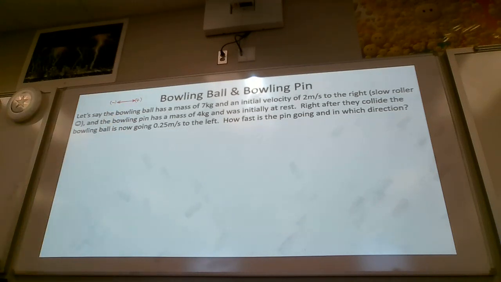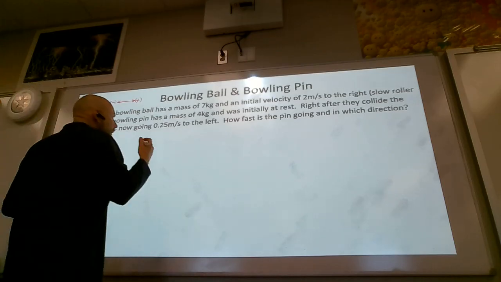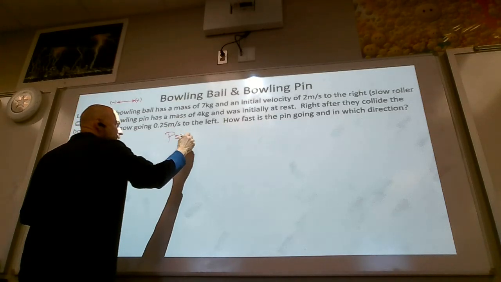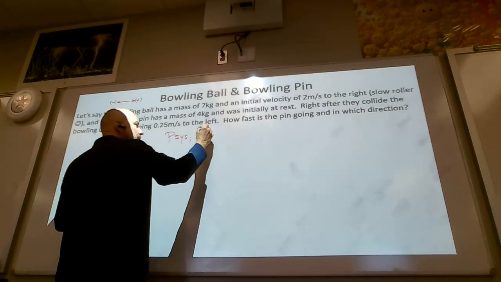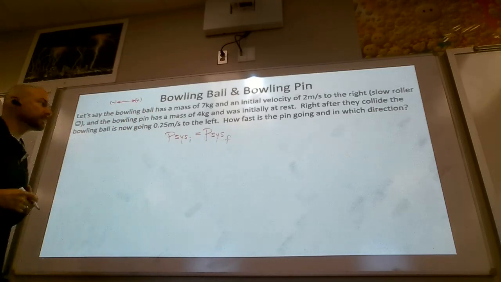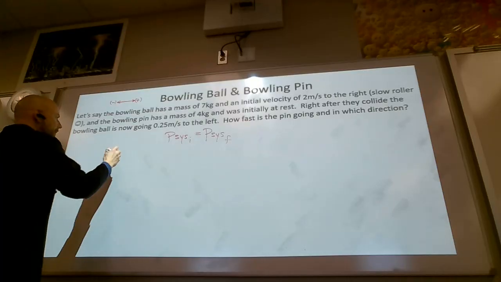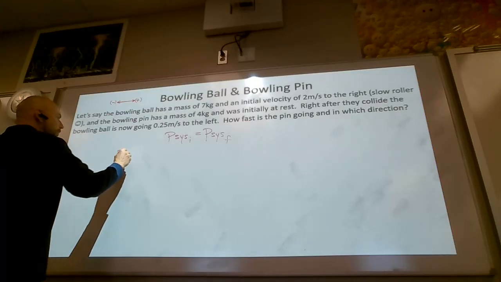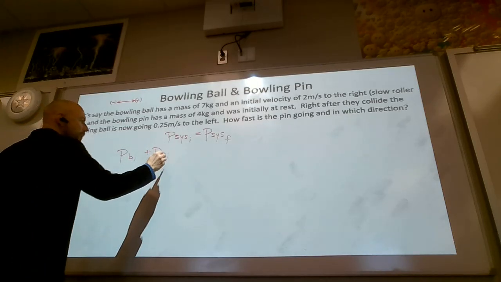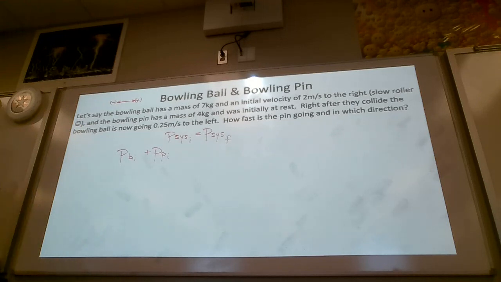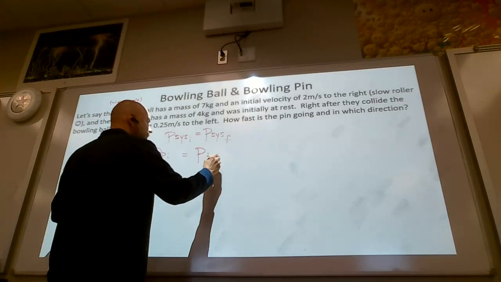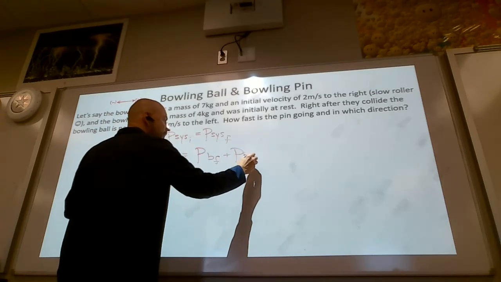Now, I've determined that momentum is conserved. So the momentum of the system initially, of the bowling ball and bowling pin, is going to be the same as the final. I've got the ball's initial momentum plus the pin's initial momentum, that would be the momentum of the system, is equal to the momentum of the ball final plus the momentum of the pin final.